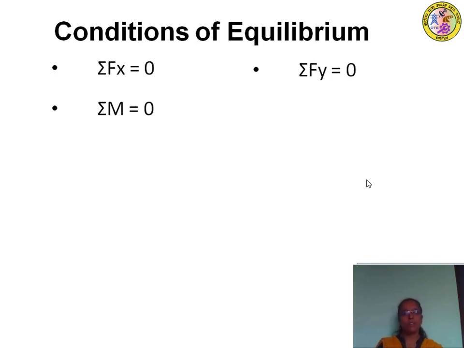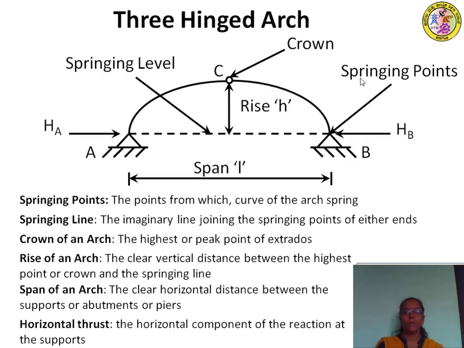Sigma M equals 0 means the algebraic summation of moments at any point should be equal to 0. These are the three conditions of equilibrium that we apply for a non-concurrent force system.